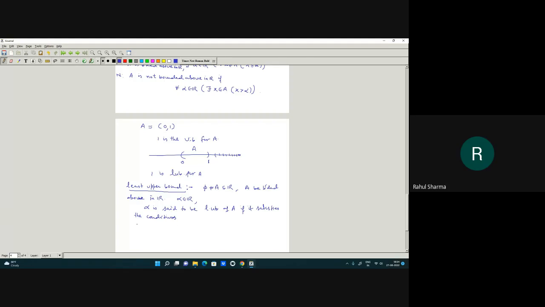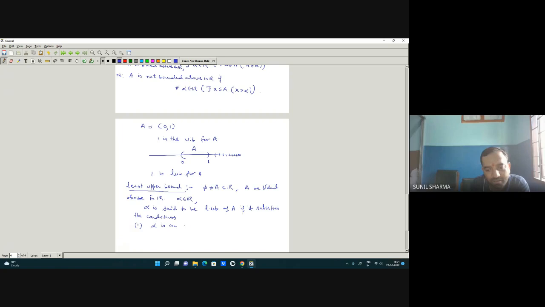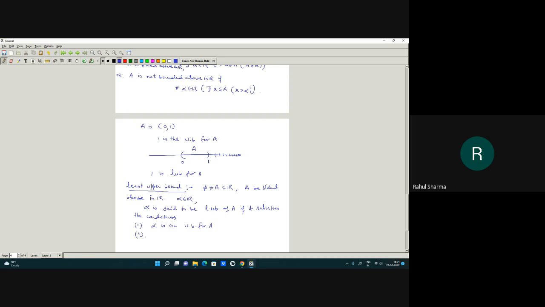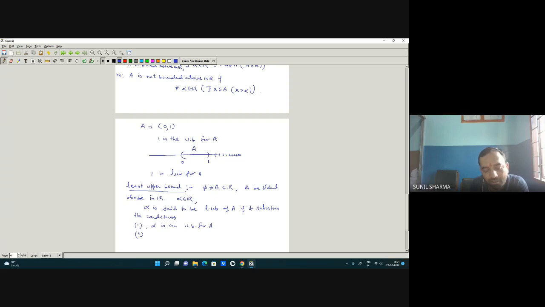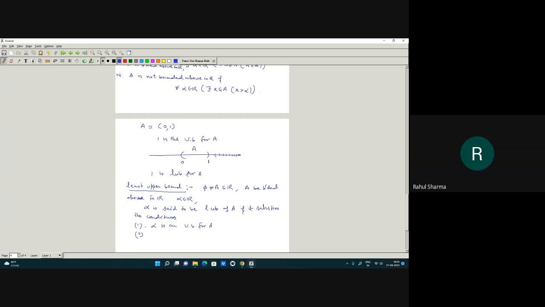Number one, alpha is an upper bound for A. And if u1 is any upper bound of A, then u is less than or equal to u1. No, but you are taking alpha here, no? Alpha is less than or equal to alpha 1.